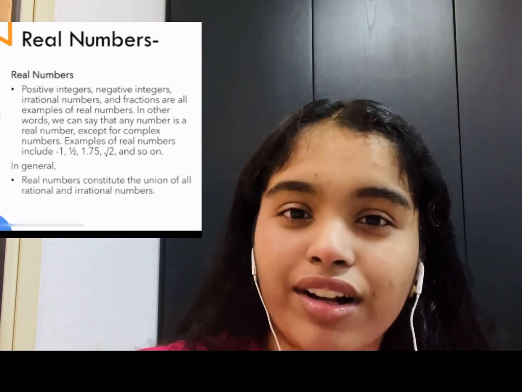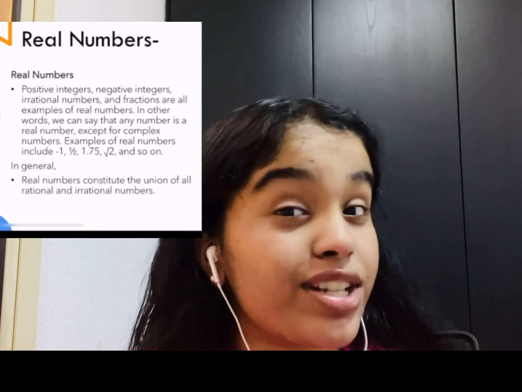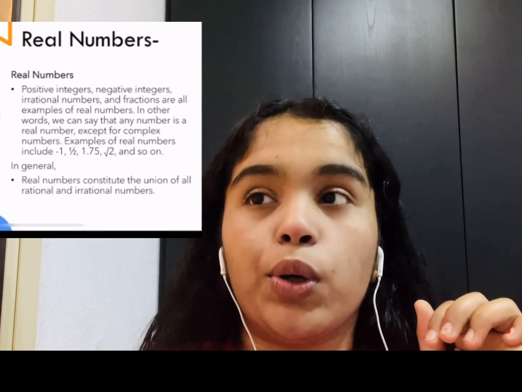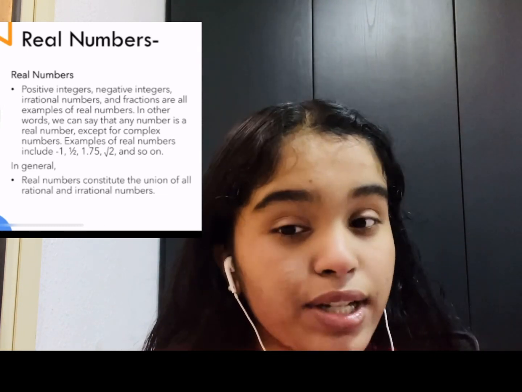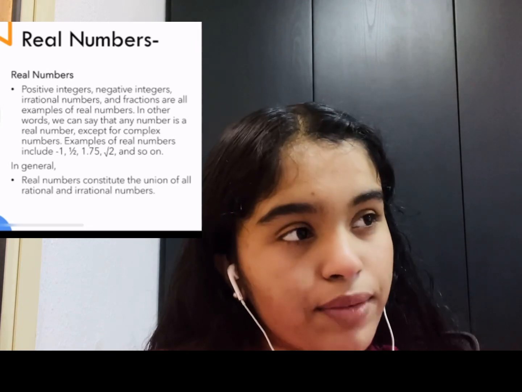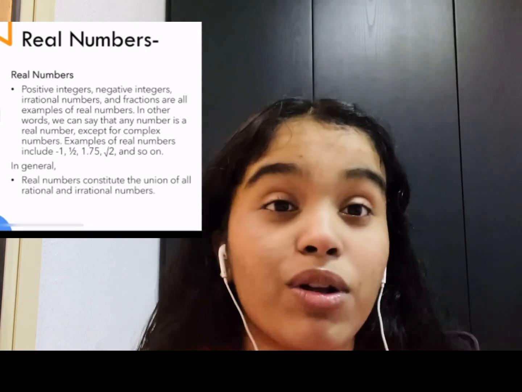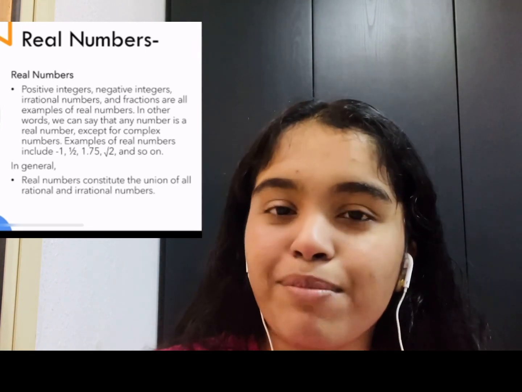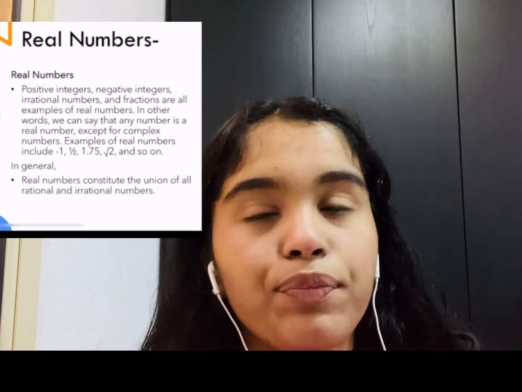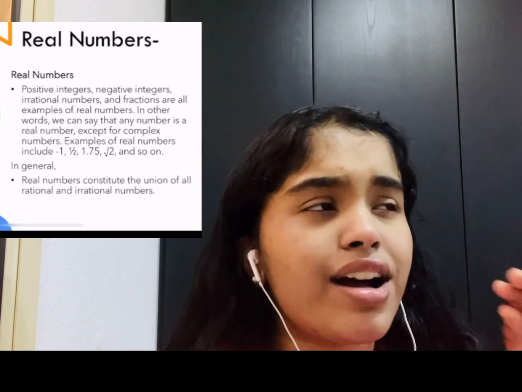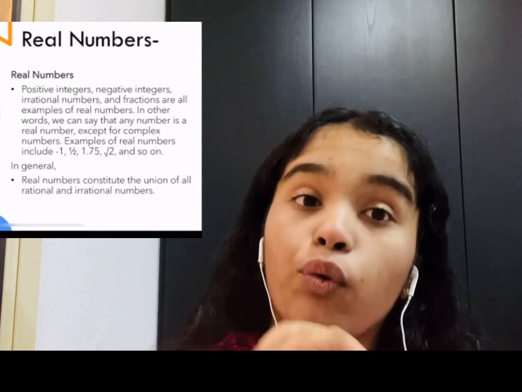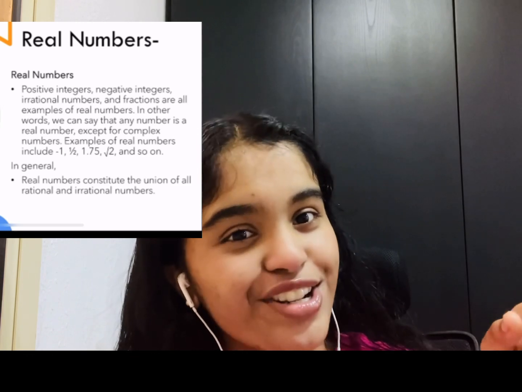I know, I struggled with it too. So they are called complex numbers. So there is 1 by 2, minus 1, root 2, and these are all examples of complex numbers, and these are all included in irrational numbers. So in general, real numbers constitute the union of rational and irrational numbers.